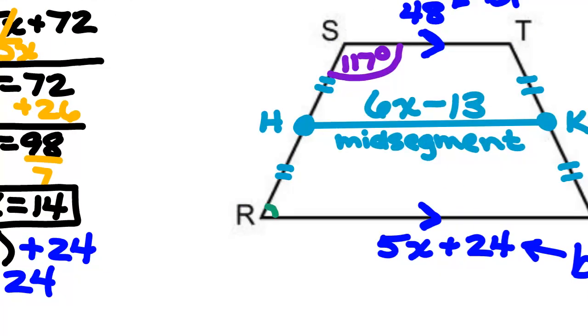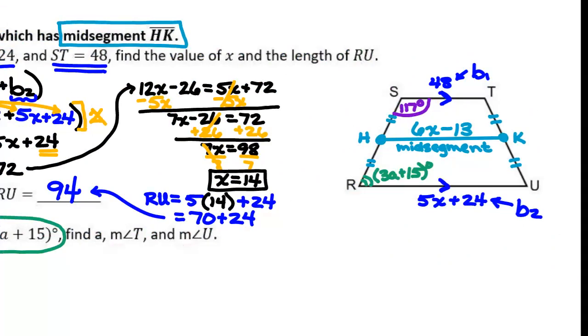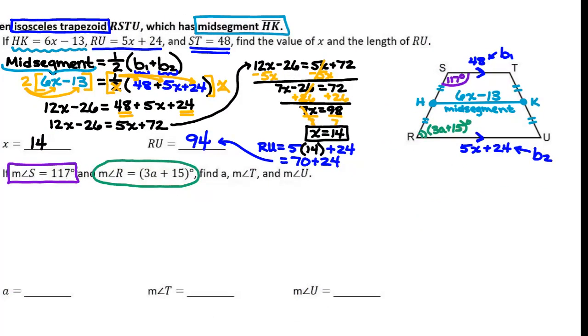Well, here's angle R. 3A plus 15 degrees. They want me to find A. They want me to find the measure of angle T. And they want me to find the measure of angle U.